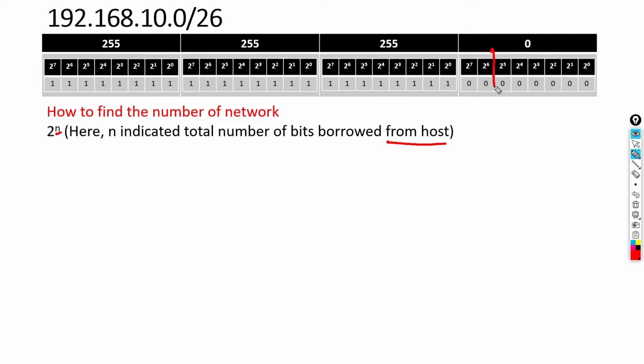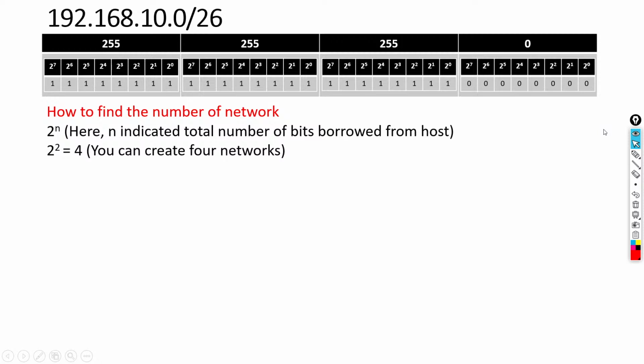We have borrowed 2 bits from the host, correct? So the answer is 2 to the power 2, which is equal to 4. Here you can create a total of 4 different networks. Done? See, you can create 4 networks.